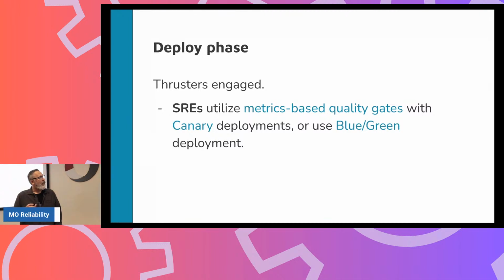And then if we go into the deploy phase, quality gates. So there's projects like Keptn, which can be running in Kubernetes, and it'll actually look at your Prometheus metrics as you're doing a deploy. It actually kind of controls the deployment.